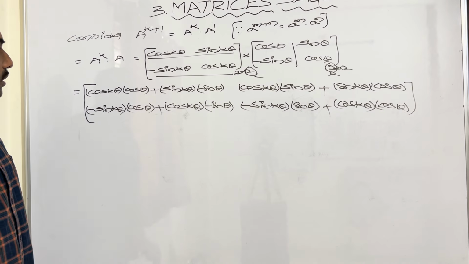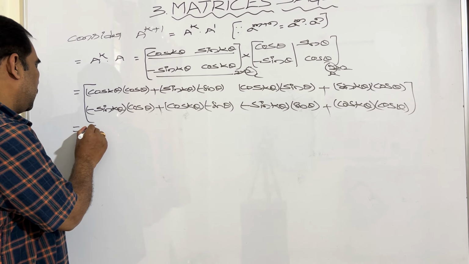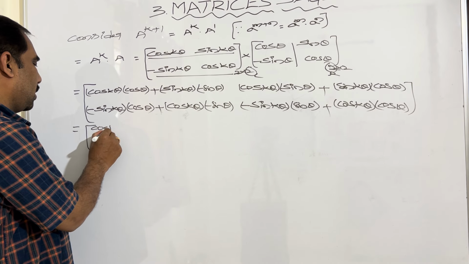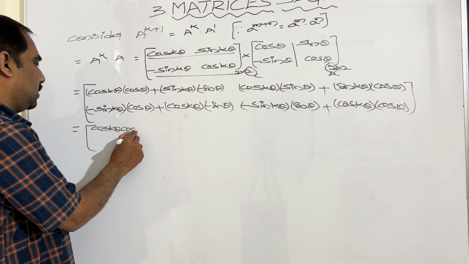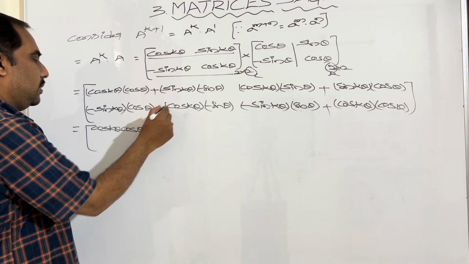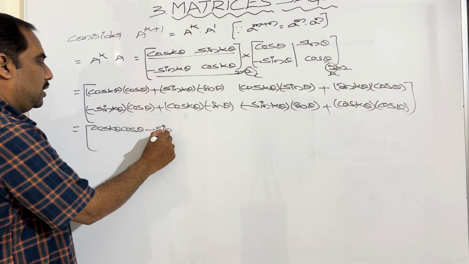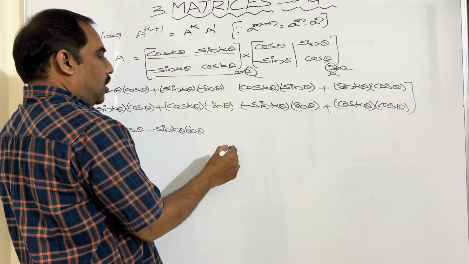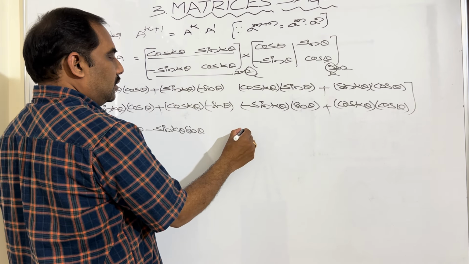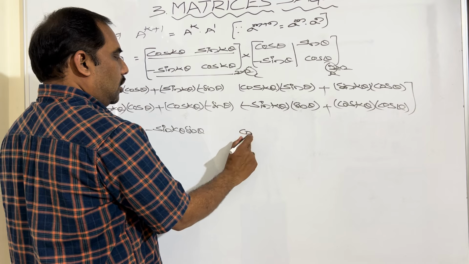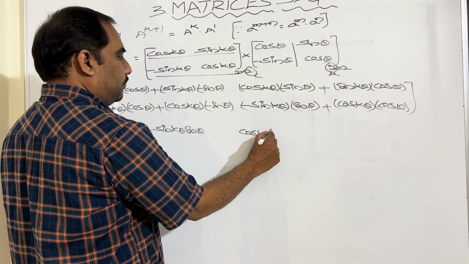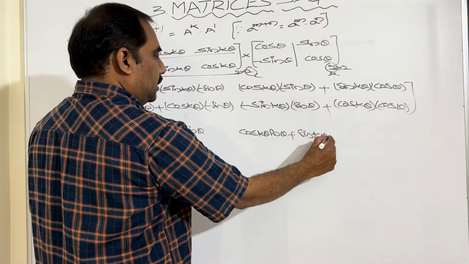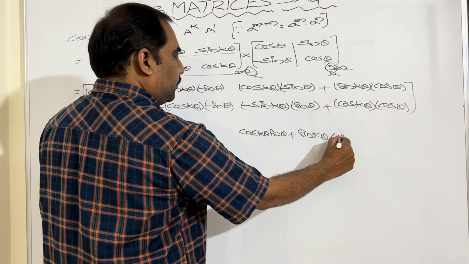Removing the brackets and multiplying, this is cos k theta into cos theta, and plus into minus is minus sin k theta into sin theta. Then cos k theta into sin theta, plus sin k theta into cos theta. Here minus is there in both terms of the second-row first element, so taking minus common, we write cos k theta into sin theta plus sin k theta into cos theta.